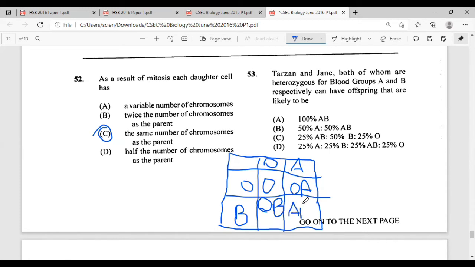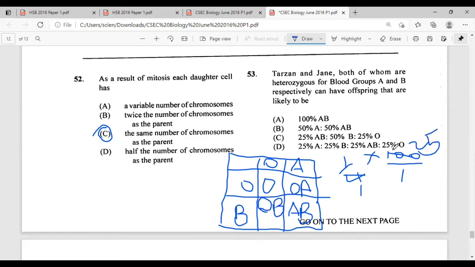Now these would be all the offspring that Tarzan and Jane can get. All of them would be 1 out of the 4. To put them in percentage, it would be 1 over 4 times 100 over 1. 4 into 1 is 0, 4 into 100 is 25.